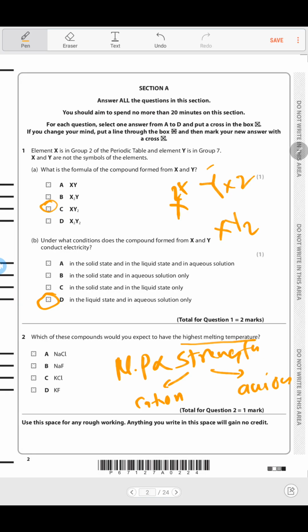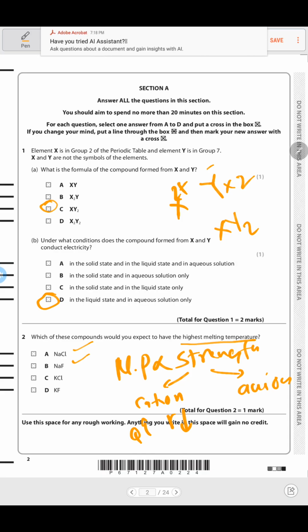Both have to have a higher charge, let's say charge Q, and the ionic radius has to be smaller. Taking these concepts, if I take the cations Na plus and K plus, Na plus has the smallest ionic radius and the charges of Na plus and K plus are the same. Among the anions, F minus is the smallest anion. So the strongest ionic bonding is NaF.